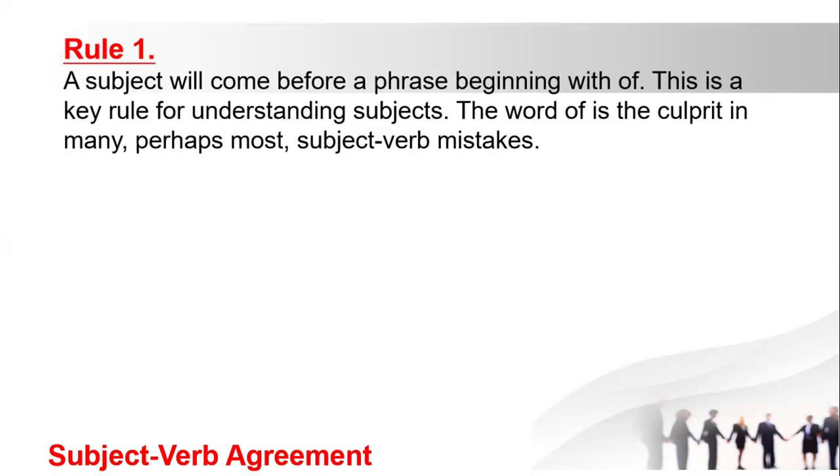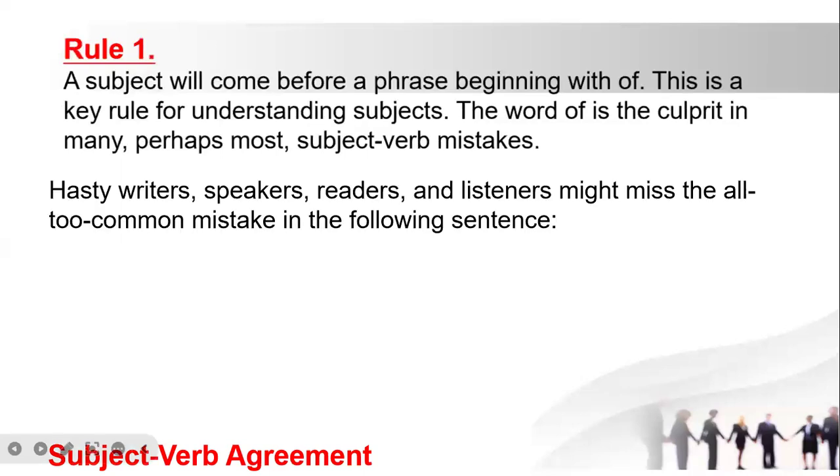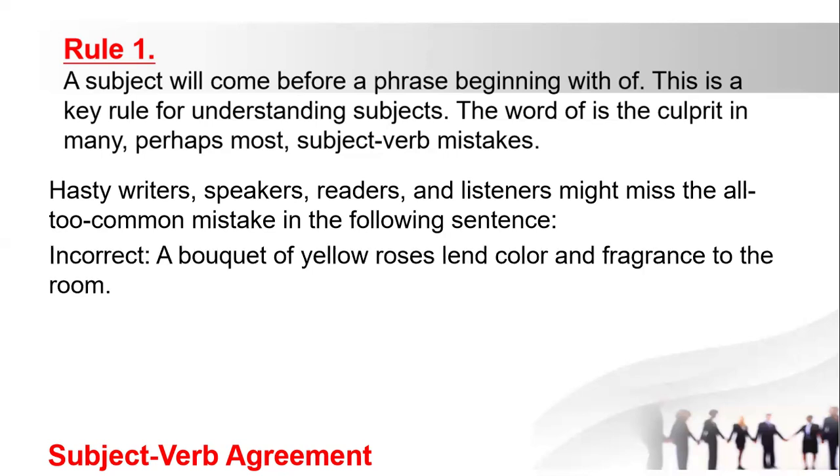For instance, let's check the example. Hasty writers, speakers, readers, and listeners might miss all too common mistakes in the following sentences. The incorrect one is: a bouquet of yellow roses lend color and fragrance to the room.